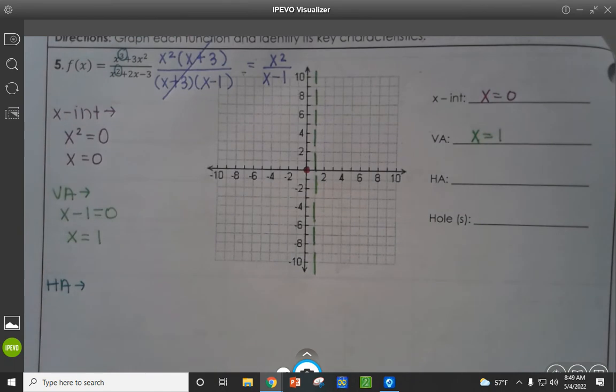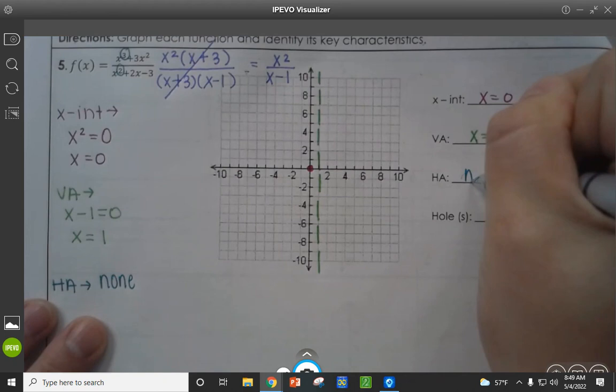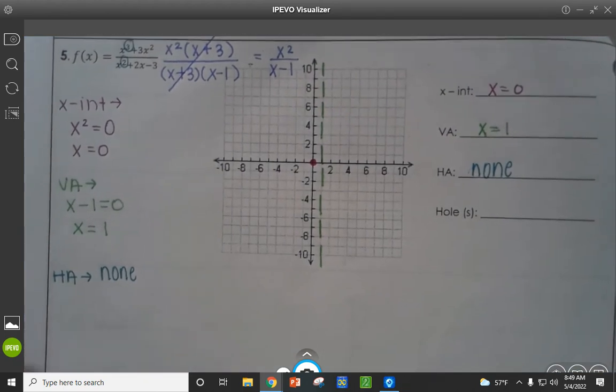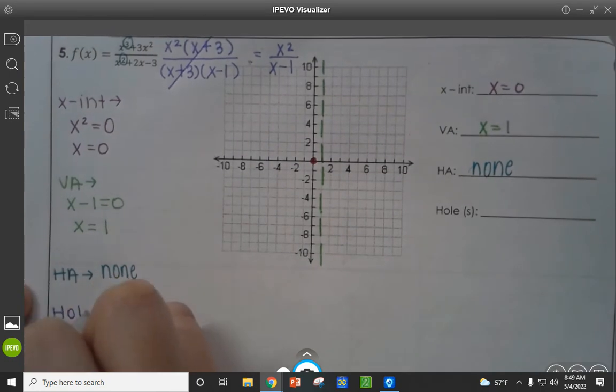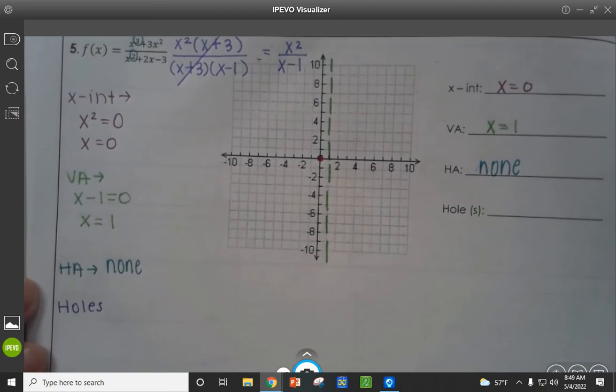It's greater than. This was the one where we had none. And then holes. We only had one thing canceled out, so there's only one hole.